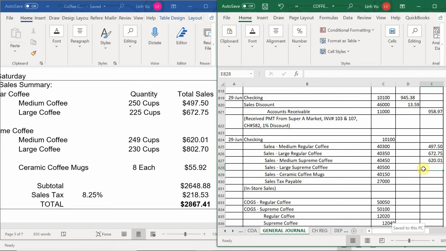Large Supreme 802.70. Coffee mugs 55.92. And sales tax payable 218.53, for a total of $2,867.41. Perfect.